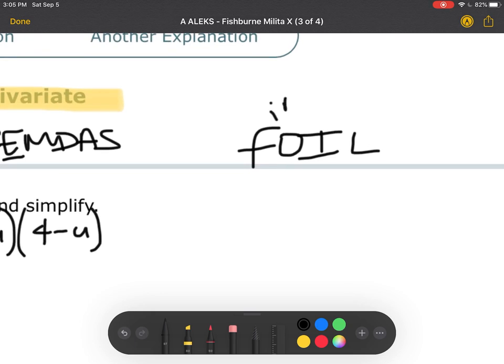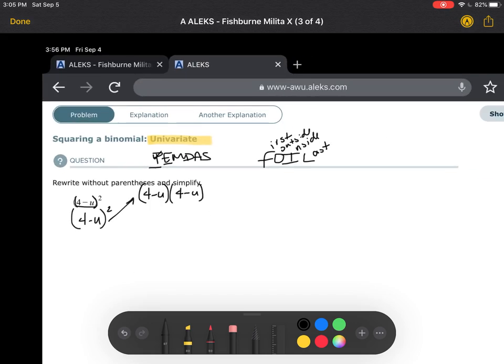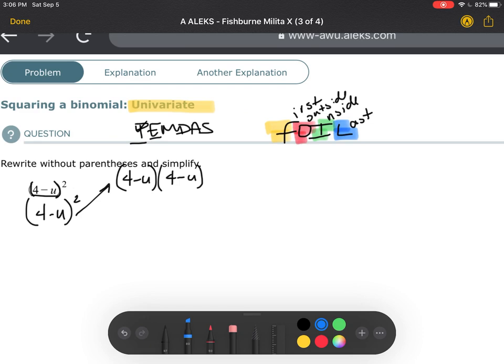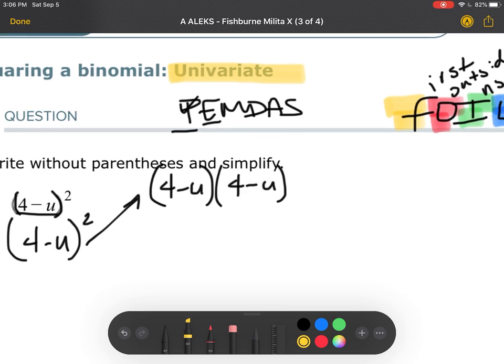FOIL stands for first, outside, inside, and last. And I'm going to go ahead and put this in different colors. So let's call F the yellow, O the red, I the green, and L the blue. I'm going to start with the F because that's just the way we're going to do that.